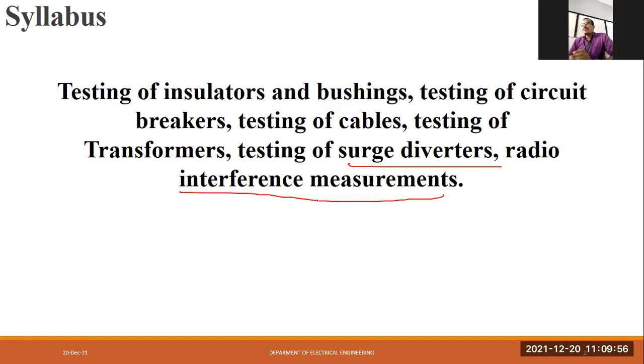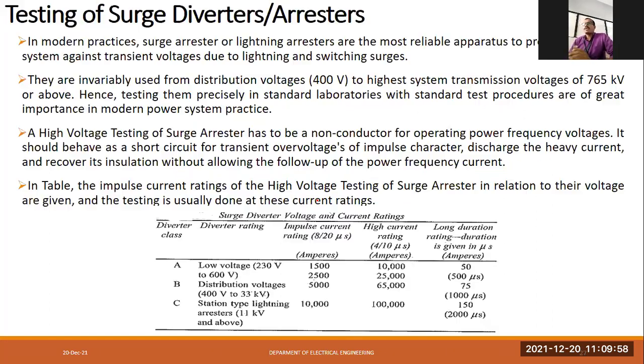Okay, so first of all, you should know what is meant by surge diverters or surge arresters, sometimes known as lightning arresters. In today's life, lightning arresters or surge arrestors are the most important apparatus. Why?